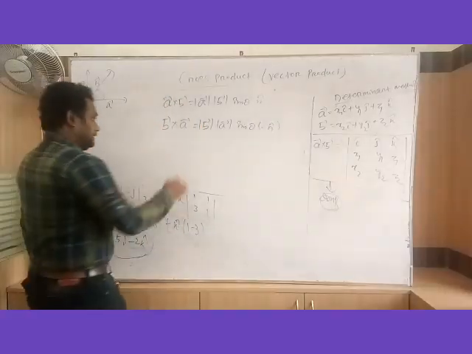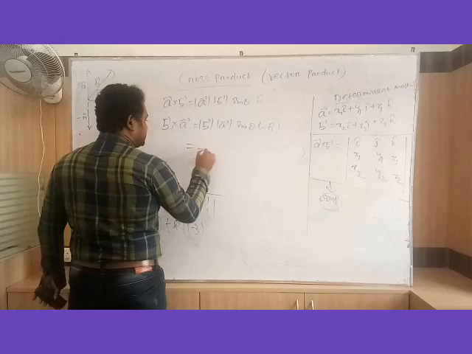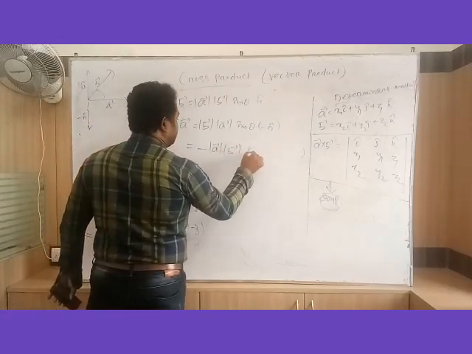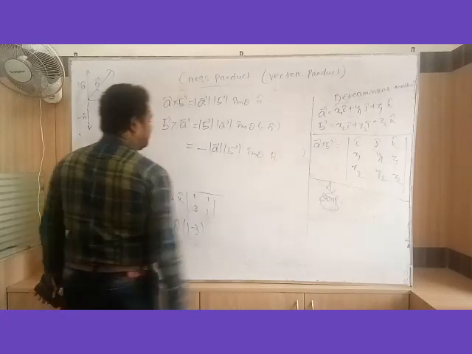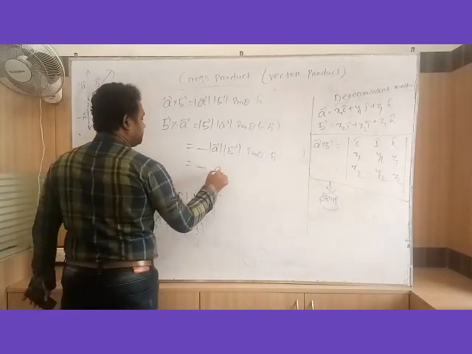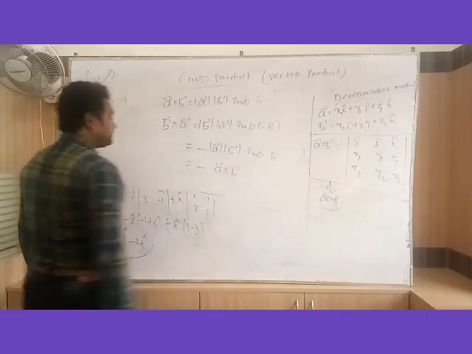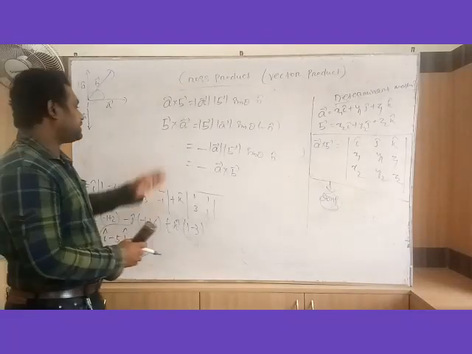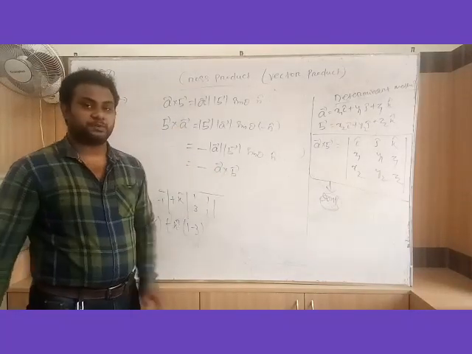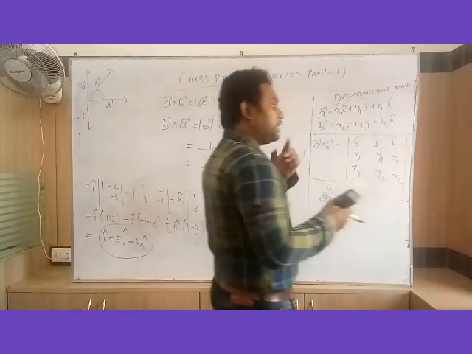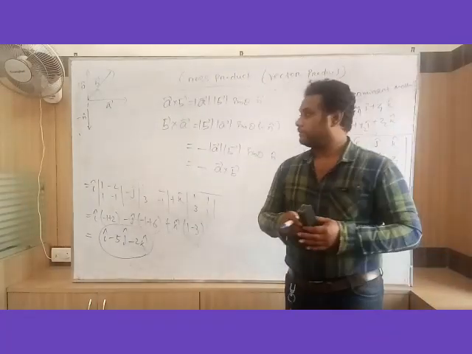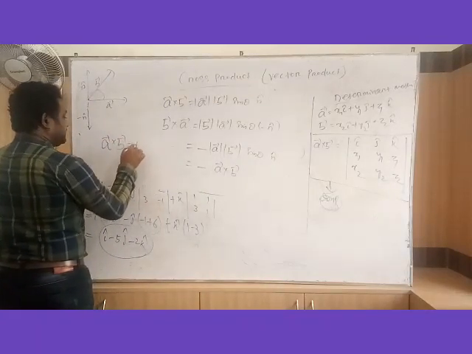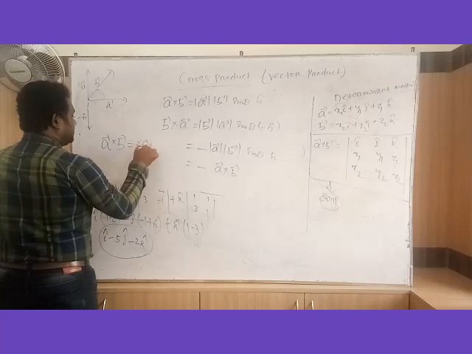Okay, now rewrite this: we can write minus magnitude of a, magnitude of b, sin theta n cap, which is equal to minus of a vector cross b vector. So we get b cross a equals minus a cross b, because in cross product if we change the order, a cross b becomes minus of b cross a.